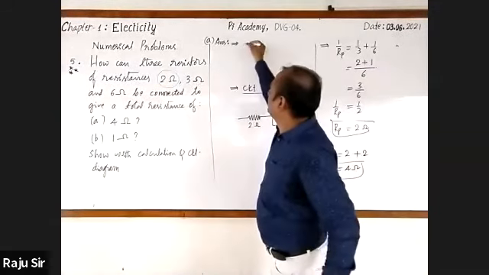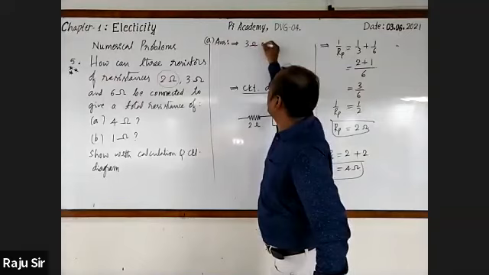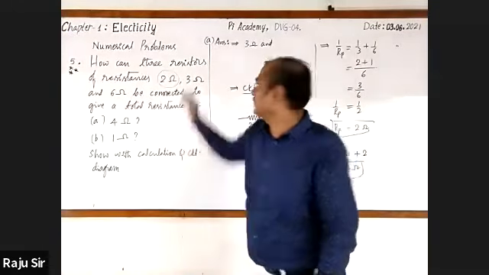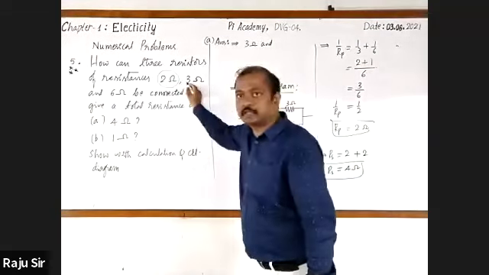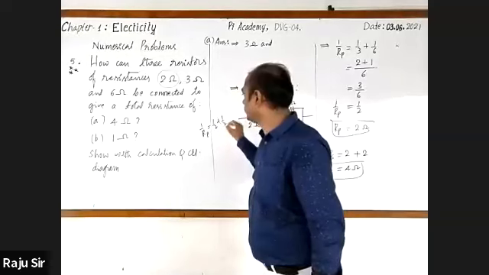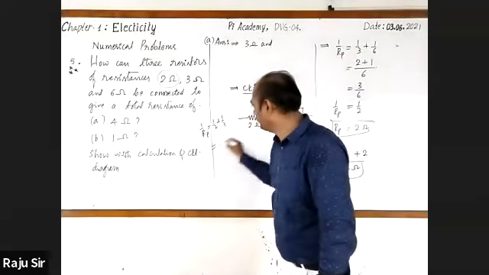Sir, can we connect 2 ohm and 6 ohm as a parallel? You can connect, but you won't get the desired. If you connect these two in parallel, 1 by Rp is equal to 1 by 2 plus 1 by 3. LCM will be 6.